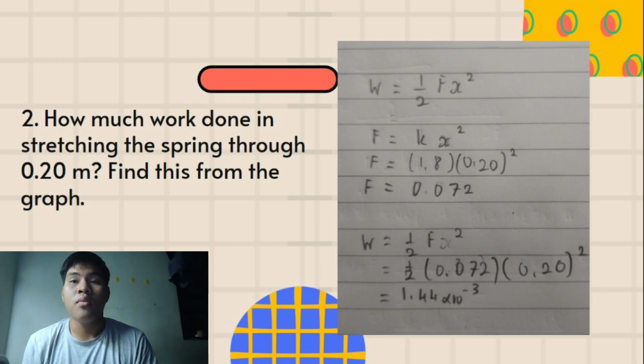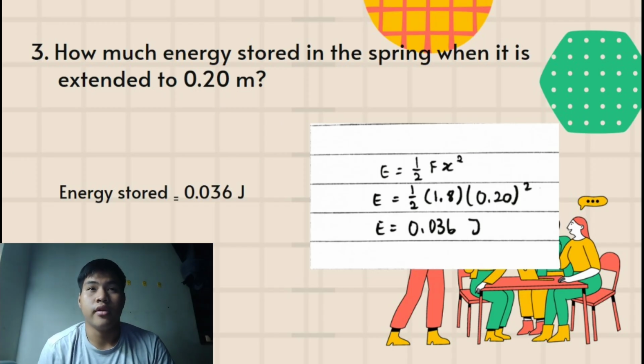Number 2. How much work is done in stretching the spring through 0.20 meter? Find this from the graph. From the graph, we get the work done is equal to 1.44 times 10 to the power of negative 3. Question 3. How much energy is stored in the spring when it's extended to 0.2 meter?